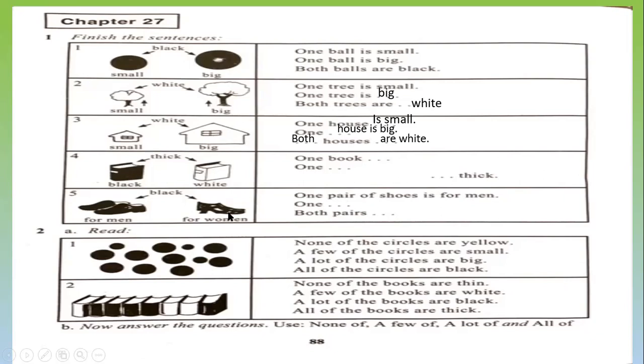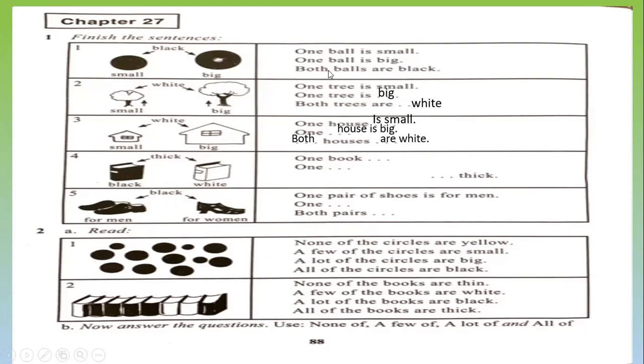You have to complete this. Then here is written color black for men, for women. One pair of shoes is for men. One pair of shoes is for women. Like this, you have to complete this sentence. Then both pairs of shoes are black.